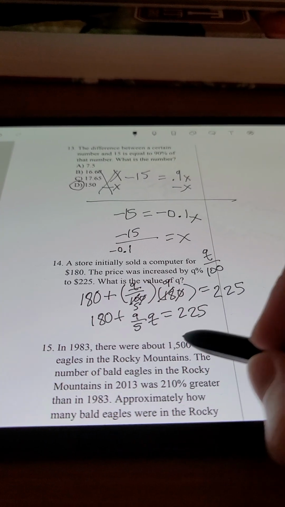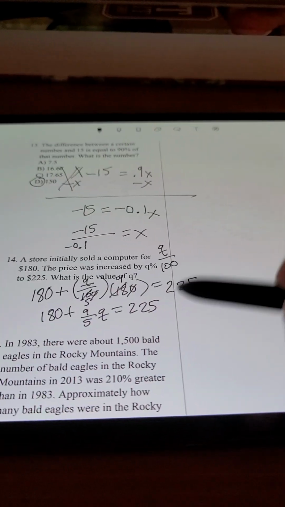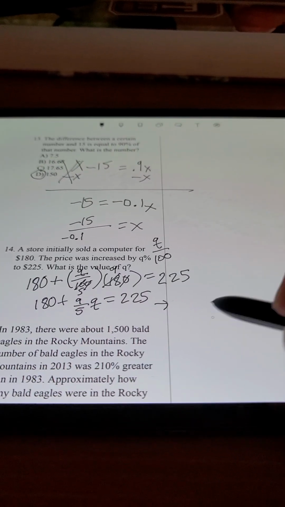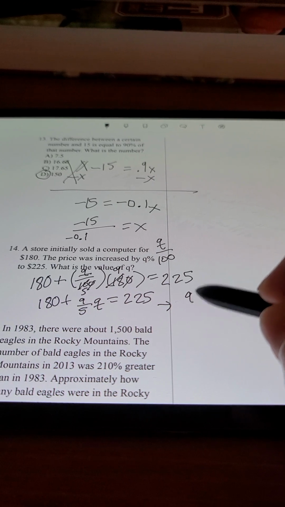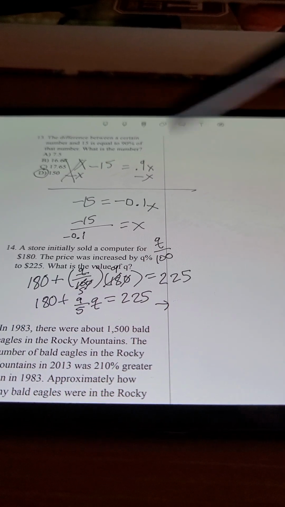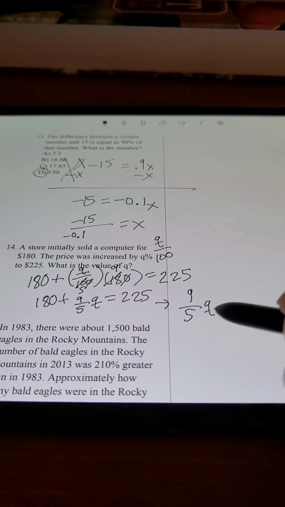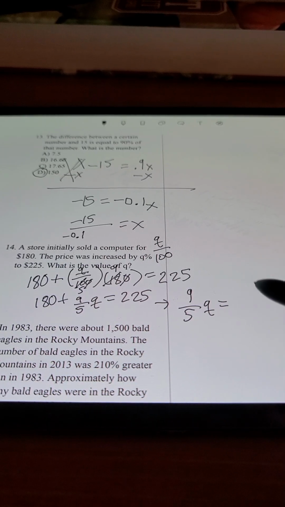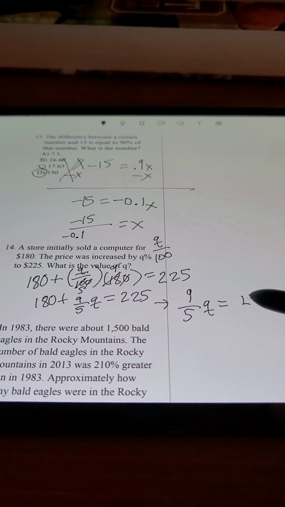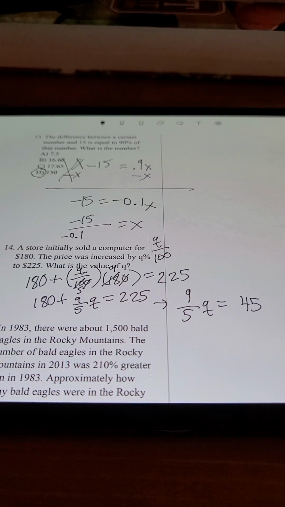Then I'm going to subtract 180 from each side. And when I subtract 180 from each side, I'm going to have 9/5 times Q is equal to 45 right over here.